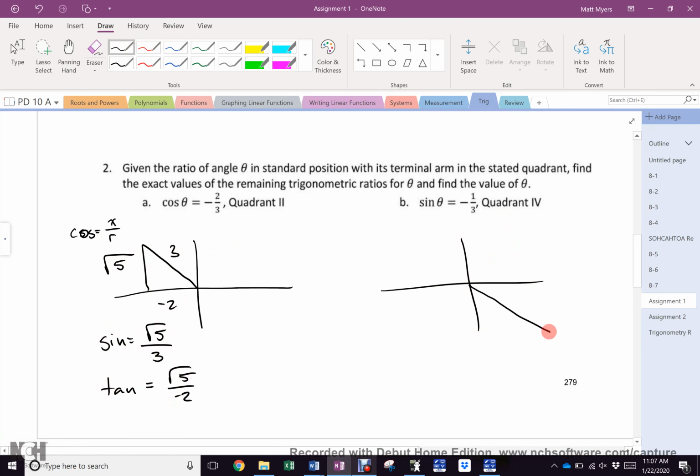Quadrant 4, that is down there. Sine equals y over r. R is always positive. 3, negative 1. So that is the square root of 8. So cos equals root 8 over 3, and tan equals negative 1 over root 8.